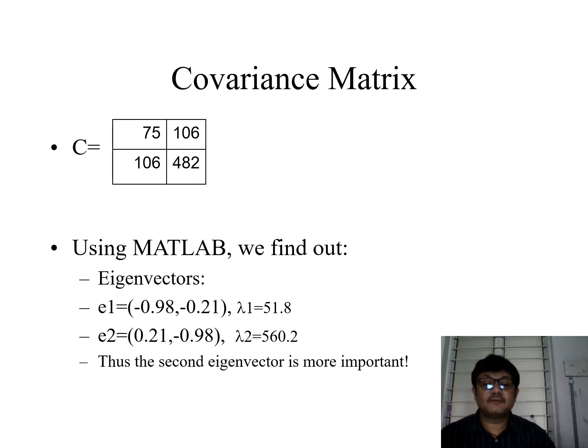Using MATLAB, we find the eigenvectors. That is E1 equal to minus 0.98, minus 0.21, lambda 1 equal to 51.8, E2 equal to 0.21, minus 0.98, lambda 2 equal to 560. Thus, the second eigenvector is more important.